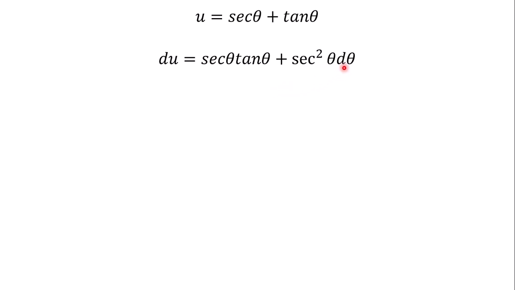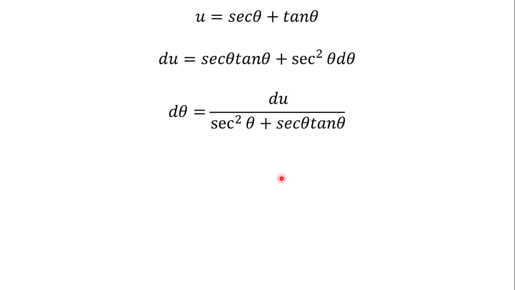So let's find what is going to replace d theta. So d theta will be equal to du over the whole of this. We know that u is equal to this one. So let's put them into the integral and then let's continue.